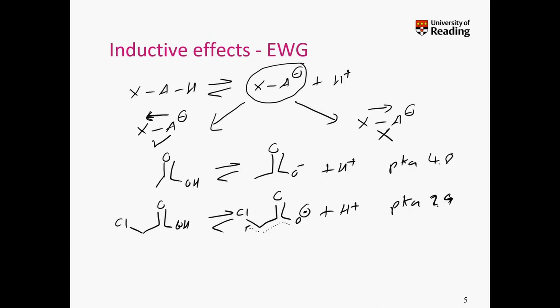Not completely, but just a small amount of it, just enough that this negative charge becomes more stable than in this example. And so because that negative charge is more stable, the anion is more stable, the equilibrium moves more towards the anion and the H+, and so we have a stronger acid, so we have a lower pKa value.